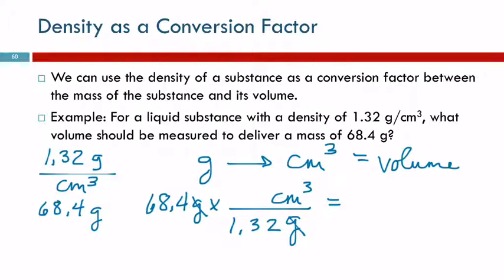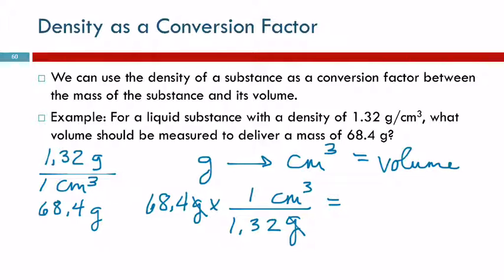There's no number here. It would be a 1. Because when you multiply or divide by 1, it doesn't change anything. So a lot of times we just leave it off. Because for this liquid, 1 cubic centimeter weighs 1.32 grams. This is true for this liquid.